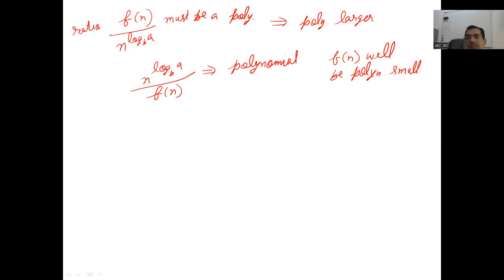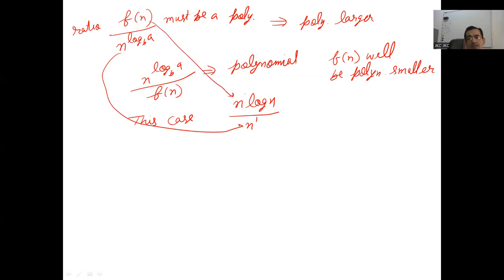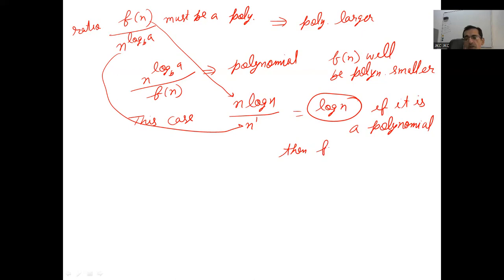Proving that will effectively mean, for example, in this case, Fn is going to be n log n. n^(log_b a) is effectively n^1. So I can guaranteedly say this ratio becomes log n. If it is a polynomial, then it is polynomially larger. Then I can say Fn is polynomially larger.